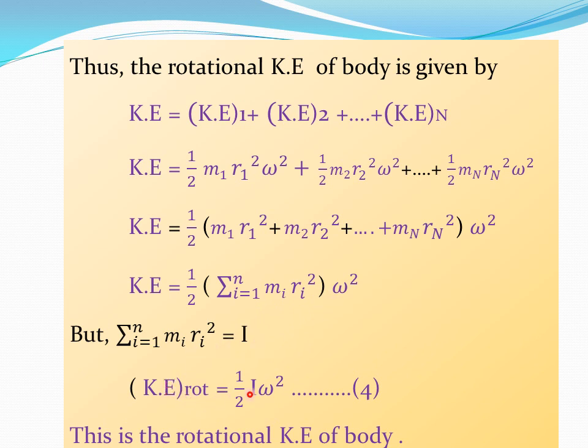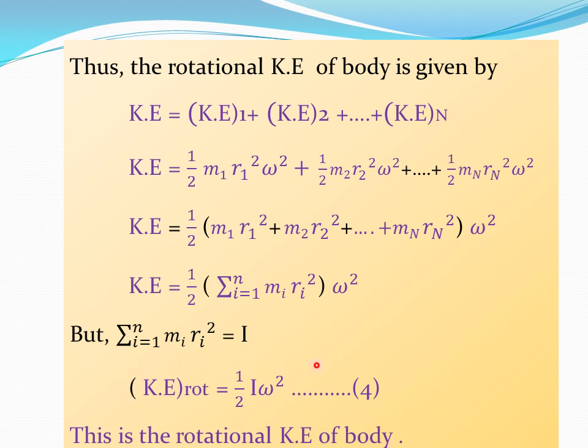Rotational kinetic energy equals 1/2 into I omega square. So this 1/2 is as it is here, and the summation of m_i r_i square, i from 1 to n, this bracket is replaced as I, and into omega square, equation number 4. This is the rotational kinetic energy of the body.